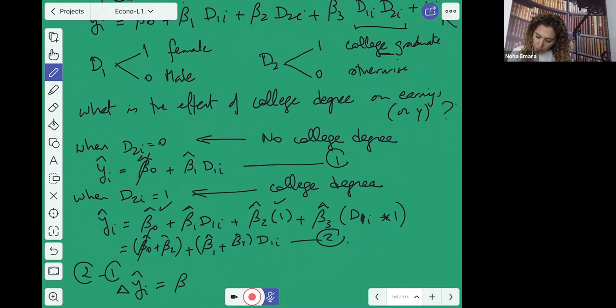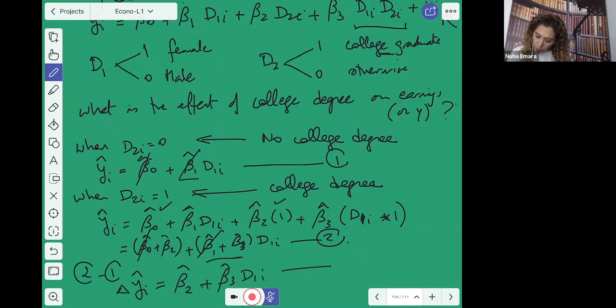It would be beta hat 2, this is the new intercept, and then this term minus this, the beta 1 would cancel, so I'm left with beta 3, all right? So this is beta 3. So I'm left with beta hat 3 D1I.